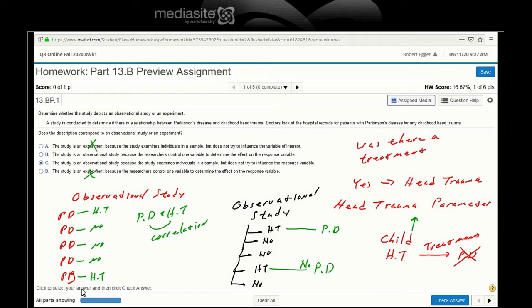Because once you already got it, you're not going to fix it. But again, a study like this can show that there is a correlation between head trauma as a child and Parkinson's disease. So start looking at children who have had trauma. Let's see what we can do there. See if we can nip this in the bud.